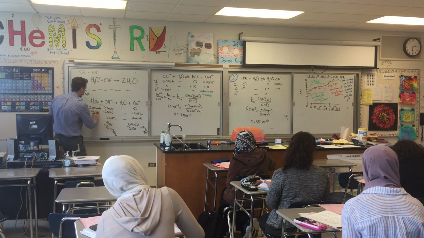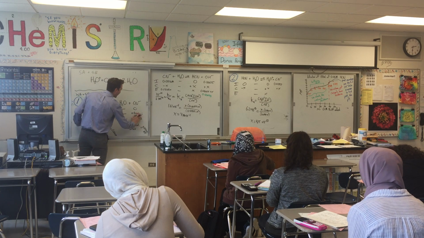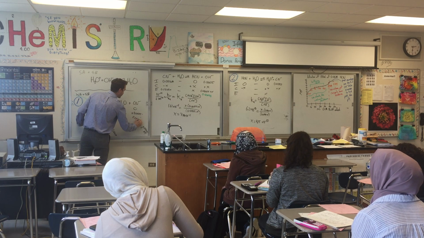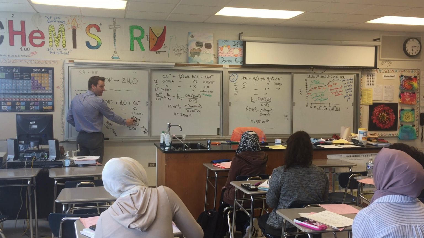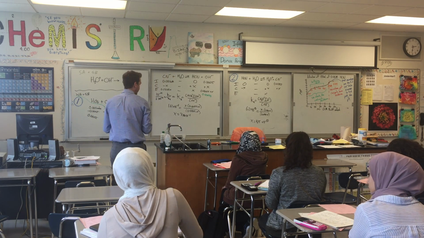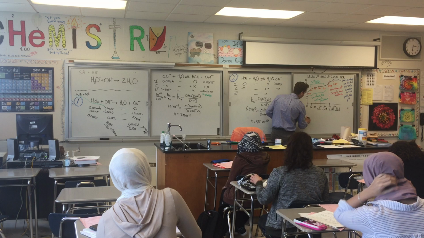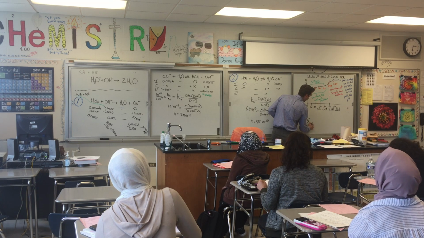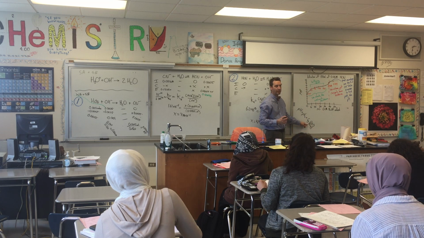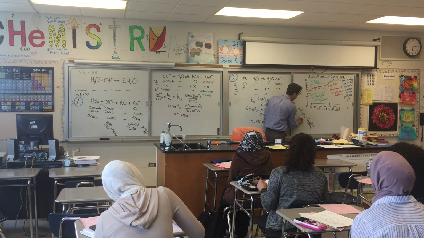So what that'll mean is we'll have 0.0025 moles of HCN and 0.0025 moles of CN minus. So if these have the same amount of moles, they have the same concentration, right? So in the equation we just looked at, pH equals pKa plus the log of, in this case, CN minus over HCN, if those concentrations are equal, this is the log of 1. What's the log of 1? 0. So at this point, pH equals pKa.